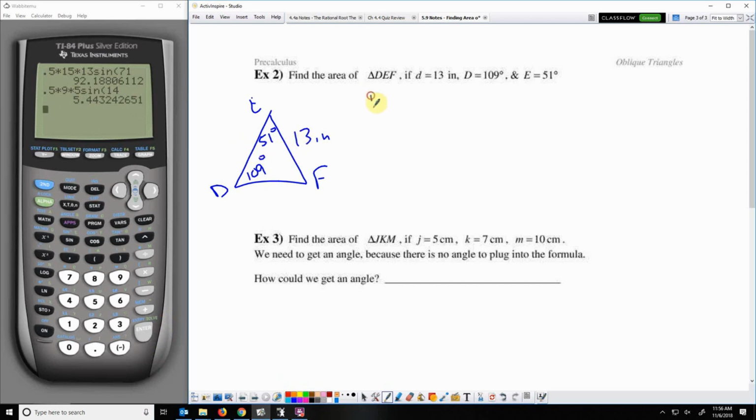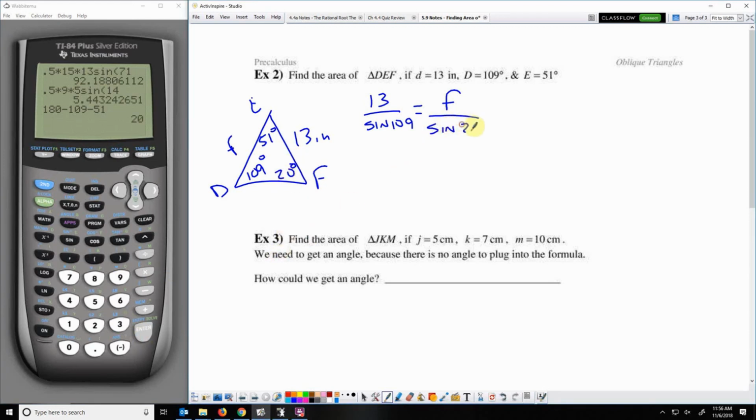So we can do 13 over sine 109 equals side F over the measure of angle F. And to get the measure of angle F, we can do 180 minus the two angles that we already know. So it turns out angle F is 20 degrees.